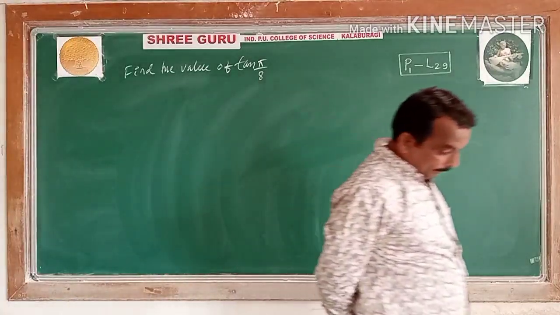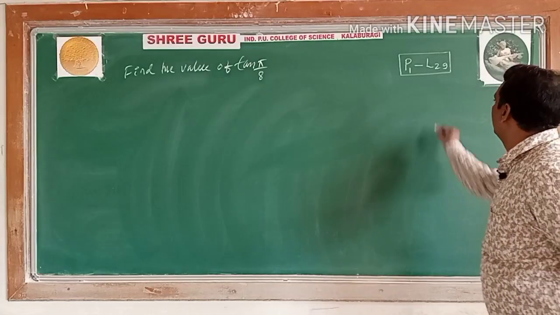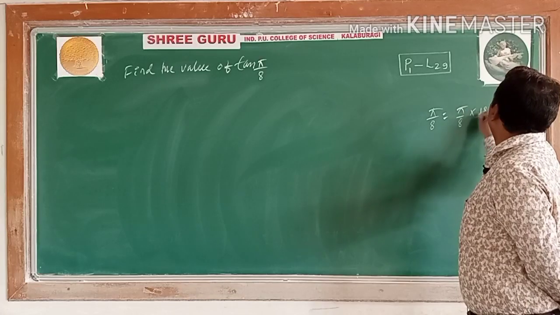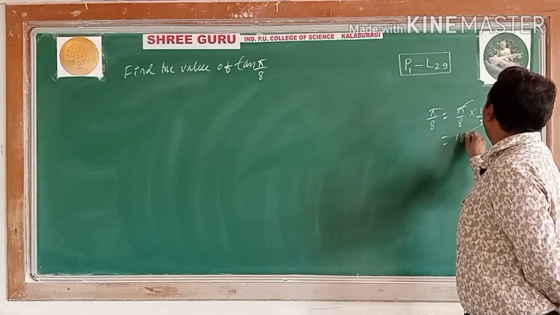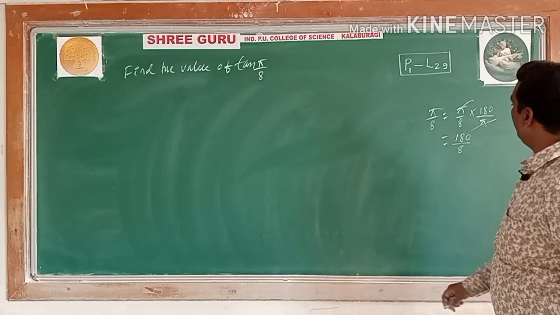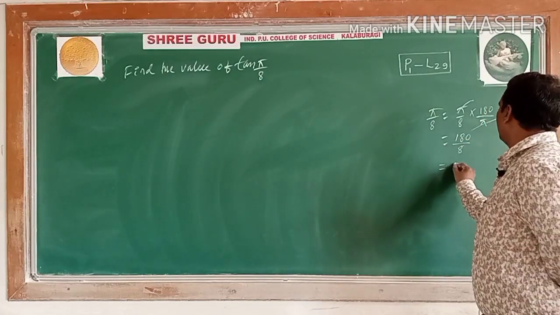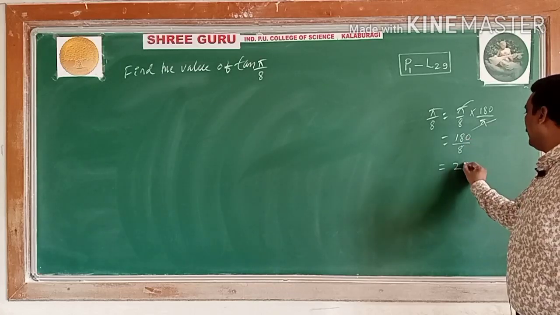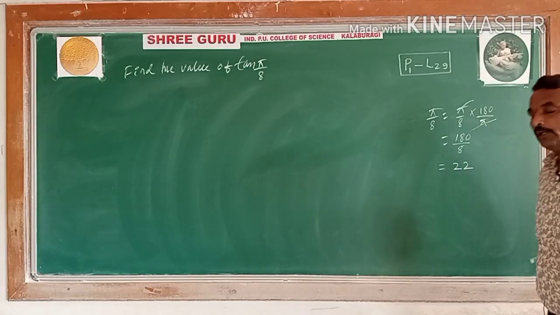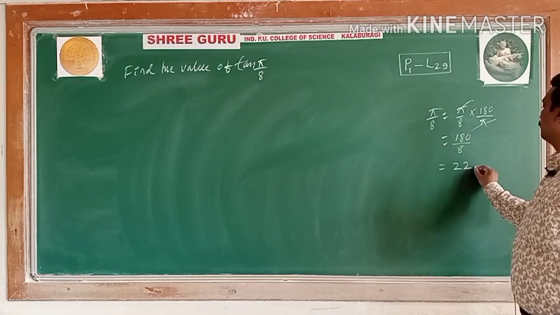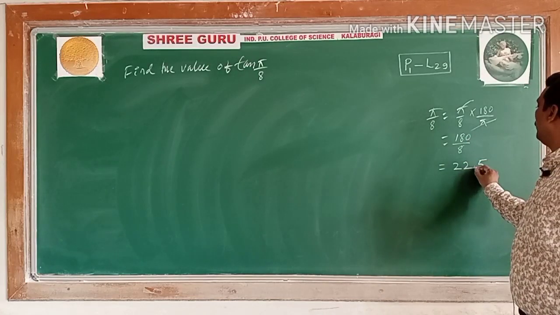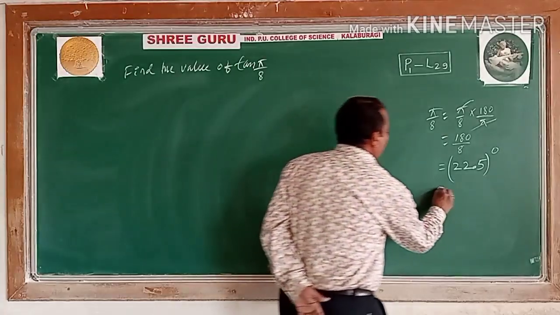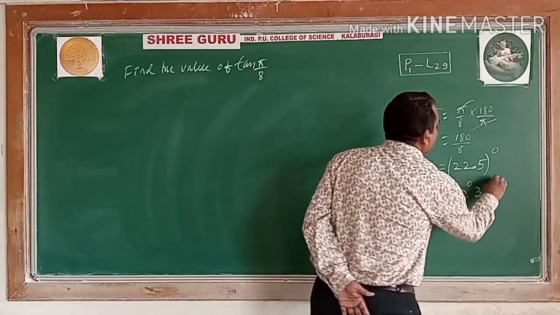Tan pi by 8. Pi by 8 means how much it is? Convert in terms of degrees. 180 by 8. 8 2s are 16, 2 remains, 20 it becomes, 8 2s are 16, 4 remains, 40 it becomes, 8 5s are 40. 22.5 degrees it is. 22.5 degrees means 22 degrees 30 minutes.